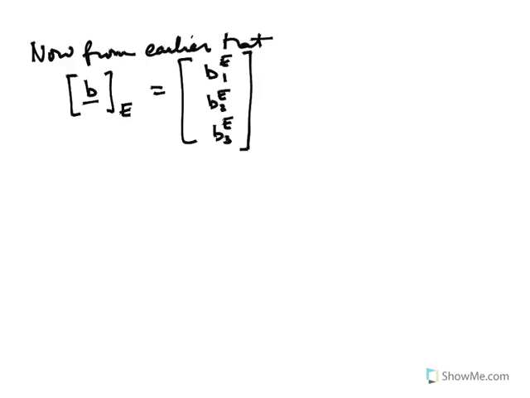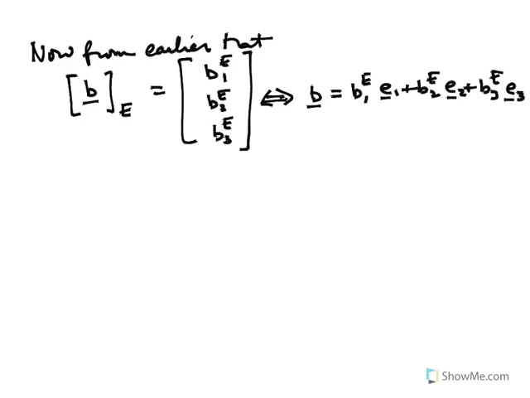This corresponds to the expression we had originally: B is equal to B1E e1 plus B2E e2 plus B3E e3. We also have a way of writing B in terms of the U's.